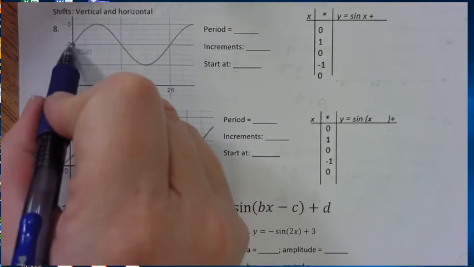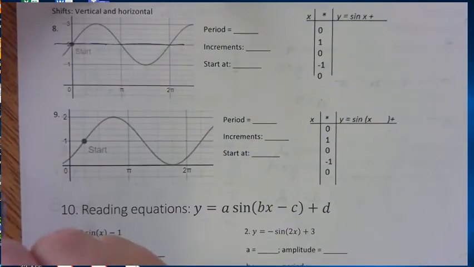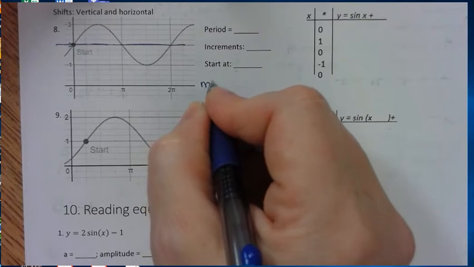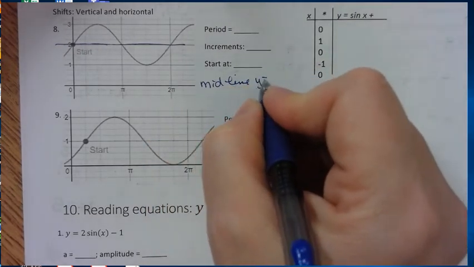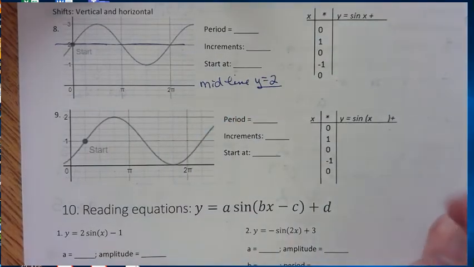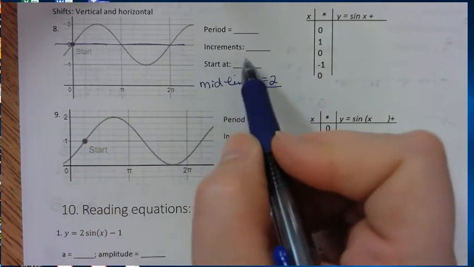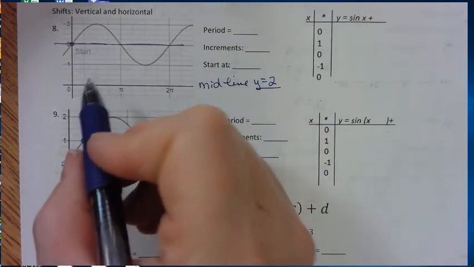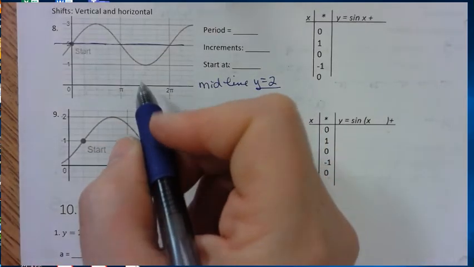So let's see where that midline is. We started with, what is the midline? Well, here's the midline. The midline is at y equals 2, and that's important to know because we want to keep that in mind so we know where we're going to start, okay? Because it's going to start right there. That's the nice thing about sine.